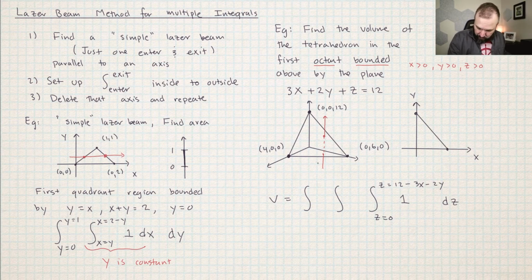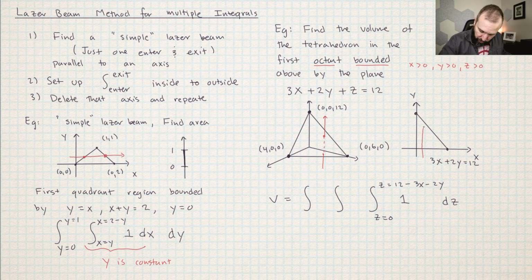You can see that this triangle right there is the same as that triangle right there. That happens when z is equal to 0. So the equation of this line is just 3x plus 2y equals 12. It doesn't matter, this is simple no matter which way you do it.